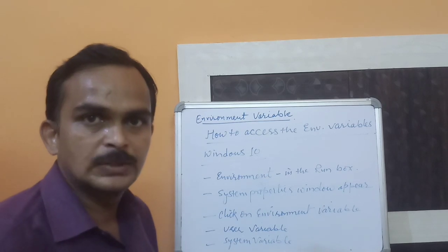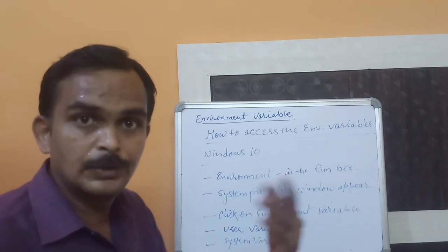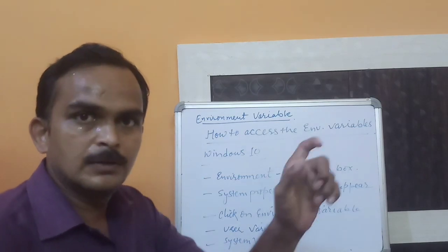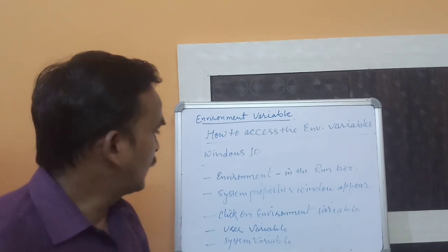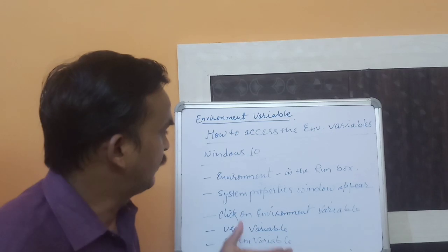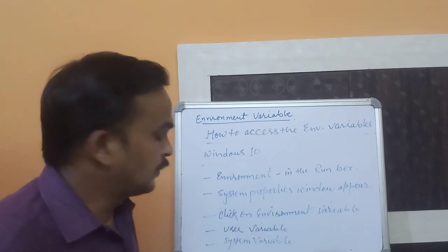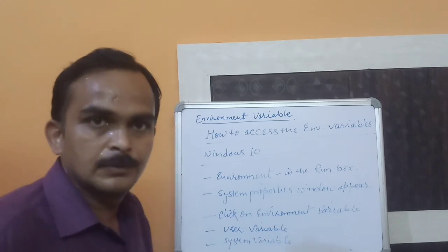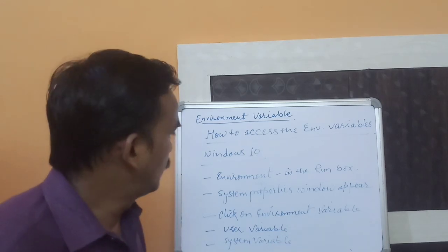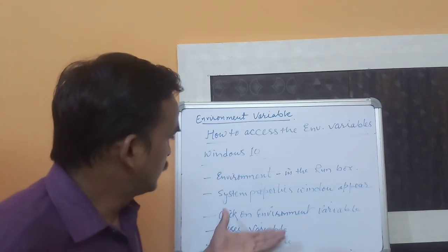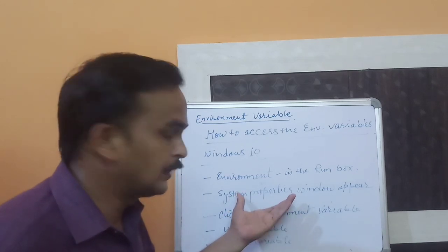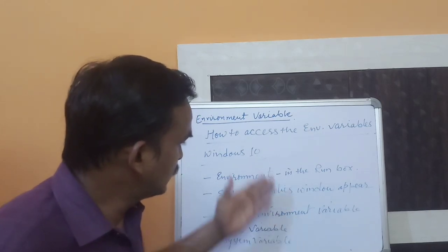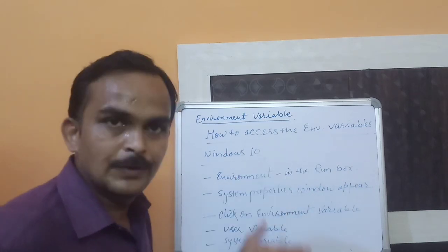For example, if we want to set or change the path, or set the class path, or the locations of any specific location in Windows, all kinds of changes we can make inside the environment variable. All these steps we can see in our computer, in our PC. So I will provide you the screen in which we will see the complete process to access the environment variable one by one.